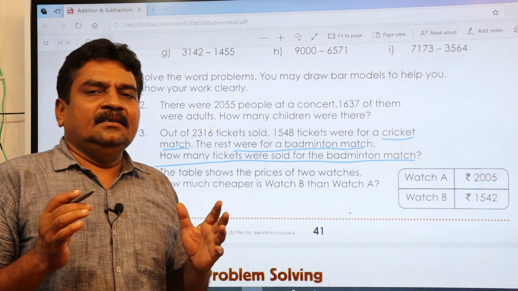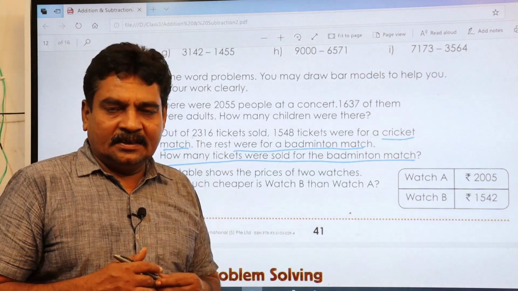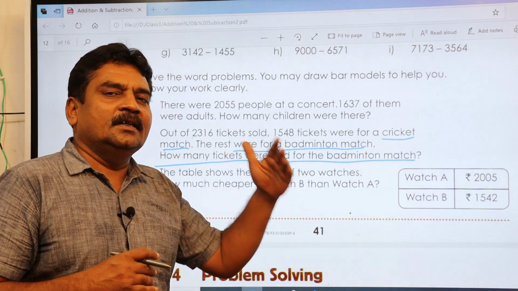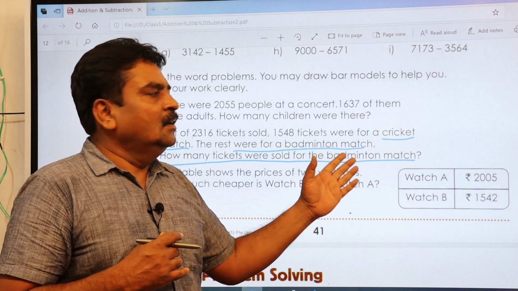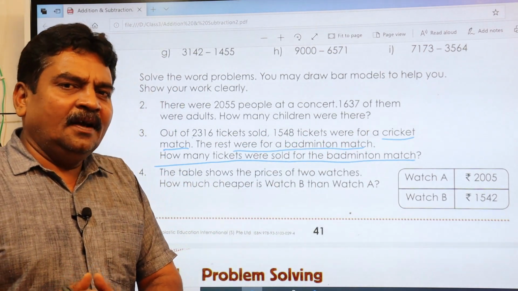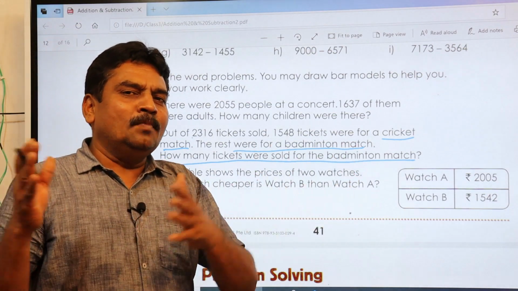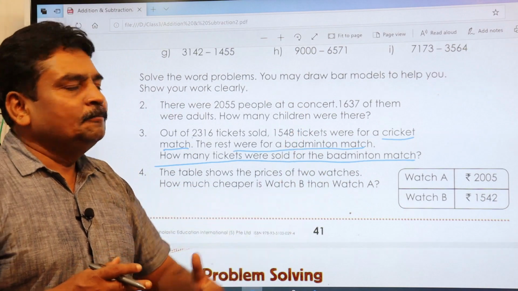I'll repeat it again. A ticket seller sold how many total tickets? 2,316. Out of 2,316, 1,548 were tickets for a cricket match and the remaining for a badminton match. There are two matches, one badminton and the other cricket. So the remaining tickets, excluding these 1,548, were sold for the badminton match.